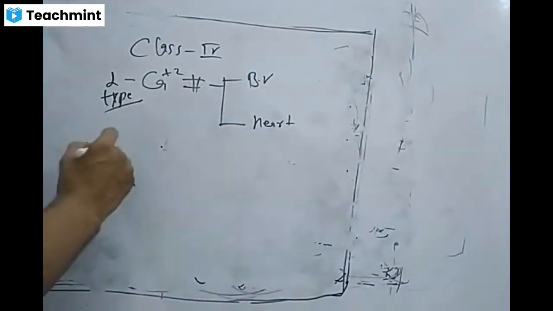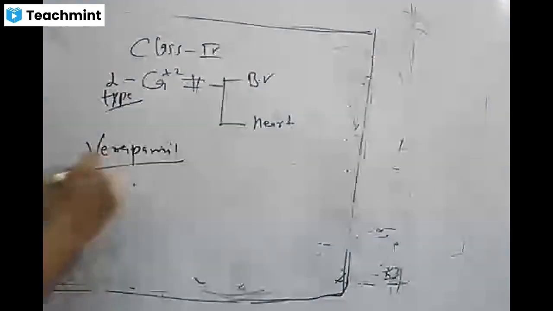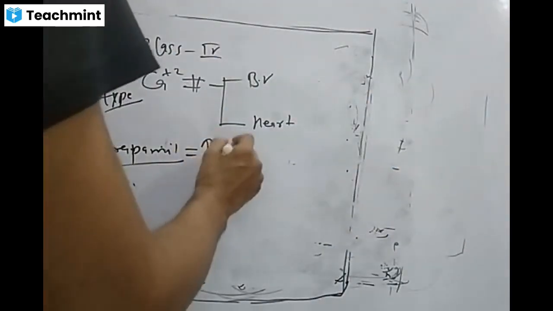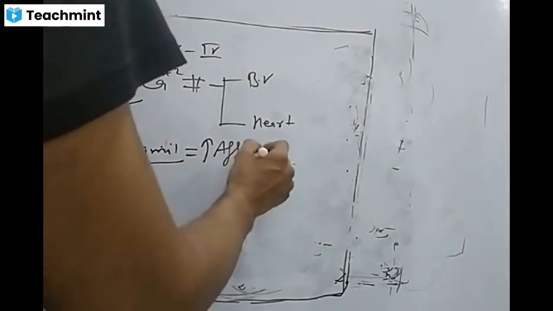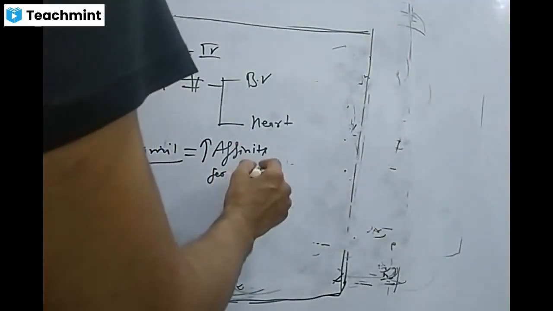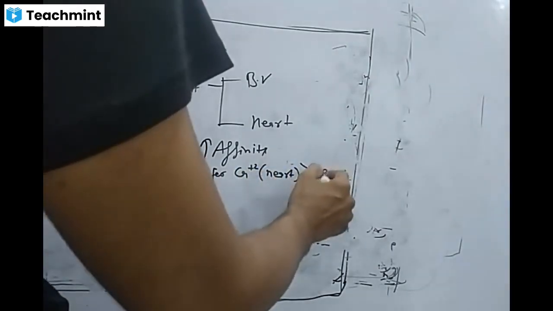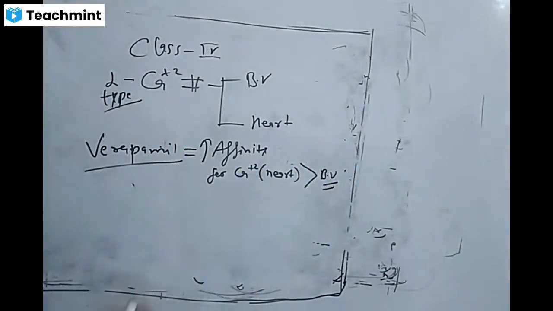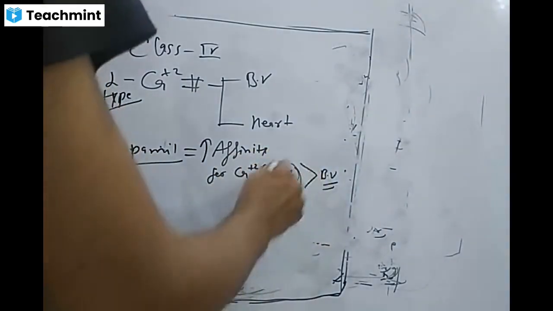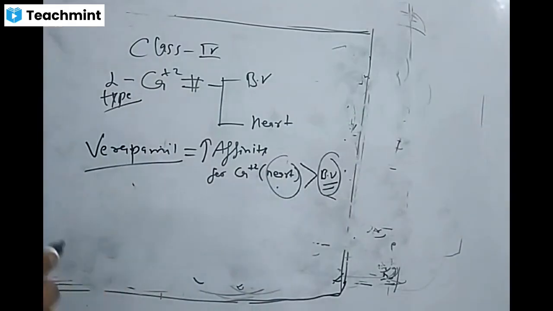So there is one drug, your verapamil, which has high affinity for the calcium channels of the heart and less for the calcium channels of blood vessels. It means the activity on the heart will be more and the activity on the smooth muscles of blood vessels will be less.